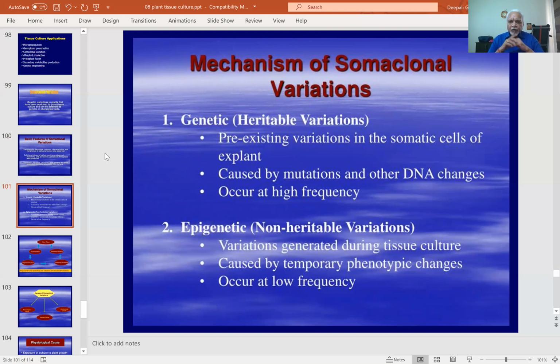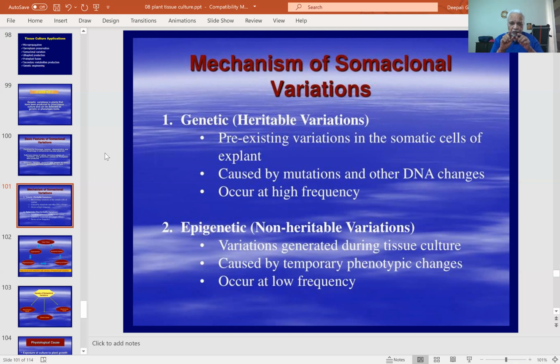So what is the mechanism of the somaclonal variation? One is genetic, which is heritable variations. It can be pre-existing variation in the somatic cells of the explant plant, meaning that in the somatic cells of the plant which you are taking, there is some genetic variation which is pre-existing.